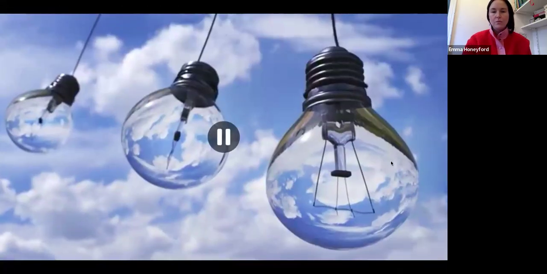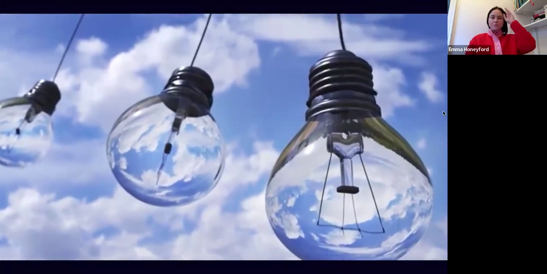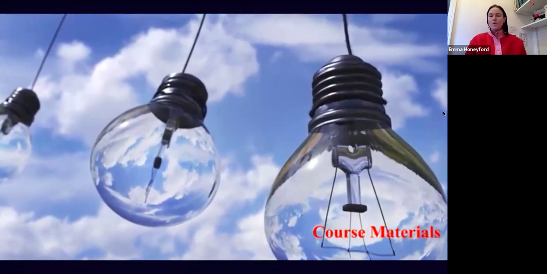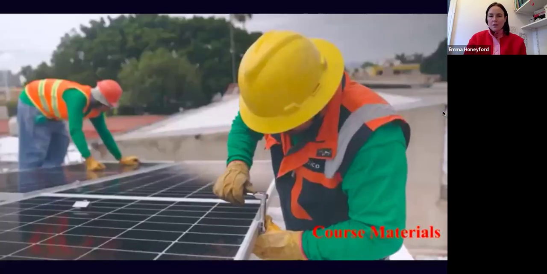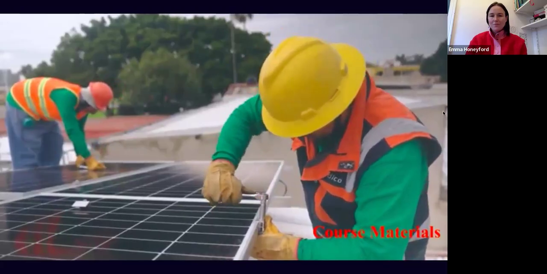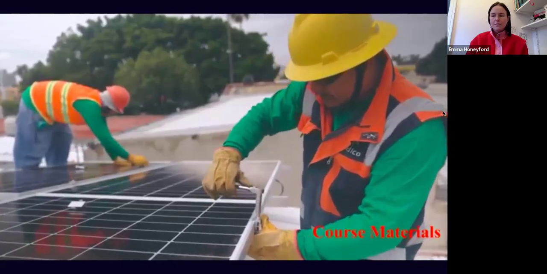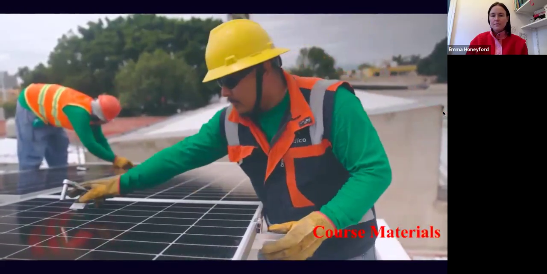Welcome to Course Materials YouTube channel. In this video, we will discuss how to integrate renewable energy into power grids and the various possible challenges and solutions. The world is facing a climate crisis, and we need to reduce our dependence on fossil fuels for energy.